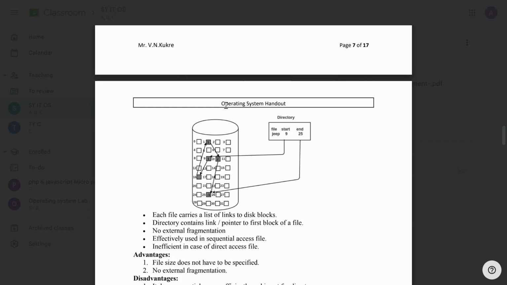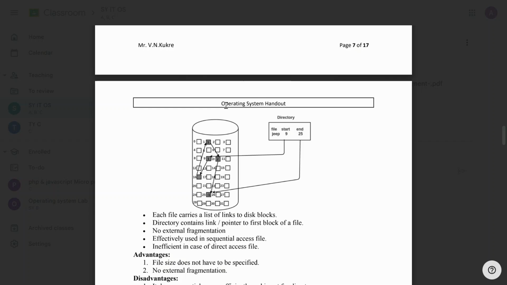So it is pointing to the one block, then in the one 2 is provided. So it is going to point 1 is pointing to 16 and 16 is pointing to 1, then 1 is again pointing to 2, that is 10, and 10th block is pointing to 25th.